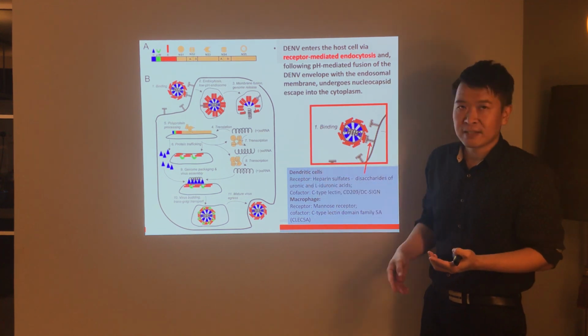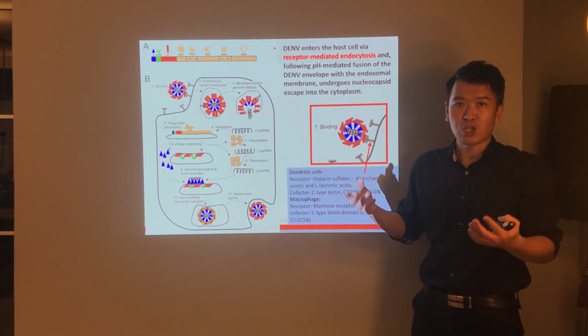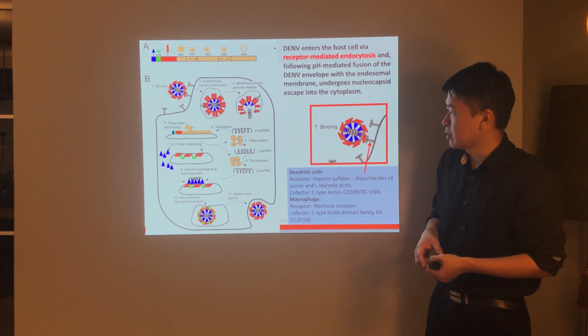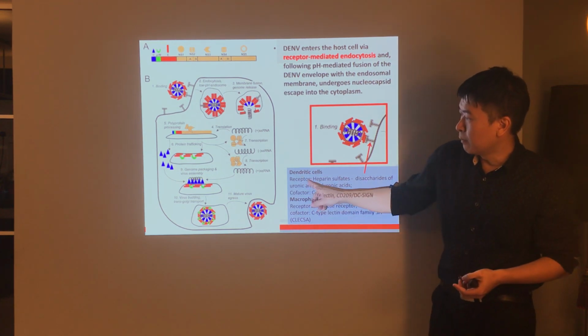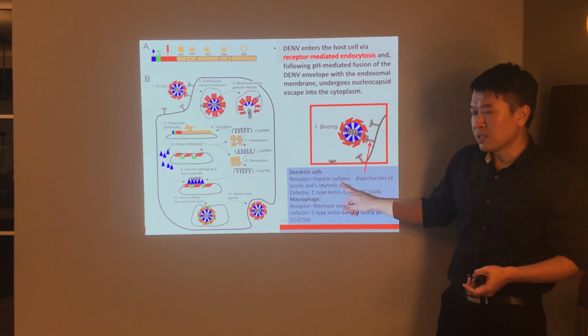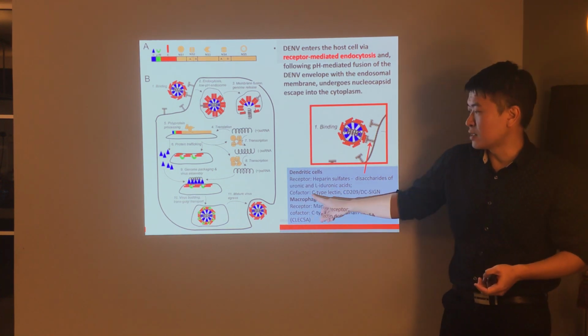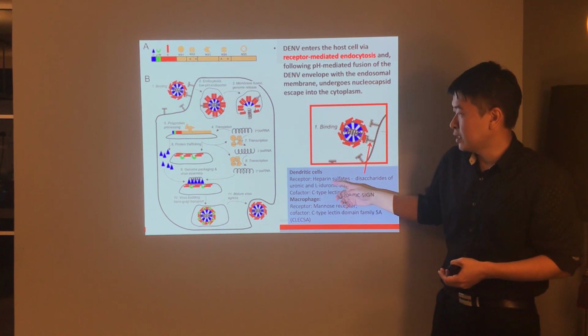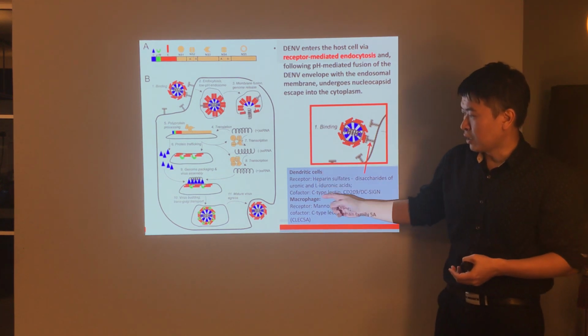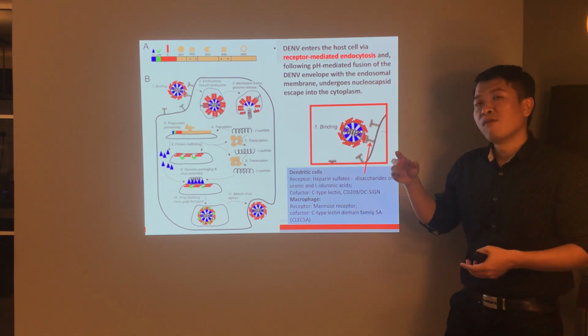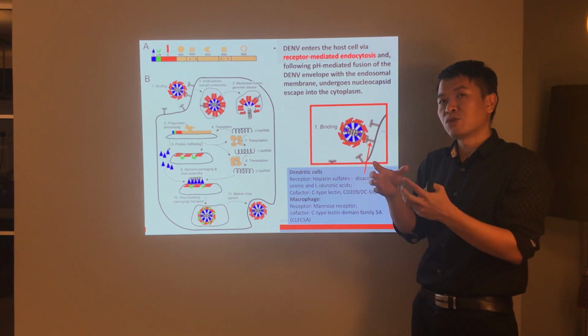So we have dendritic cells, and we also have macrophages, which are the target cells for dengue virus. For dendritic cells, the receptor is heparan sulfate, and it requires a cofactor which is C-type lectin.